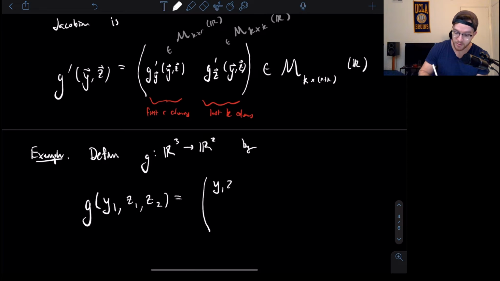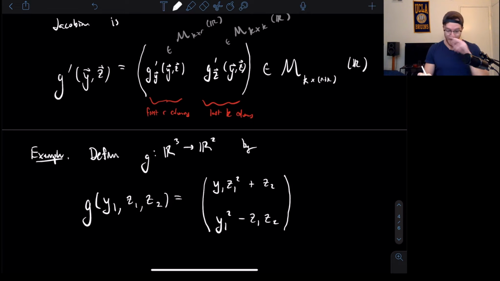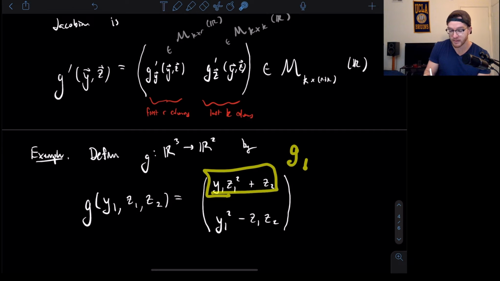The first component could be y1 z1 squared plus z2, and the second component could be y1 squared minus z1 z2. In other words, the first expression is G1 in our original notation, and the second is G2.